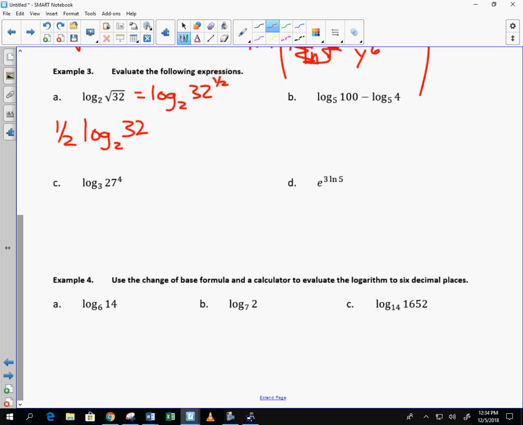So therefore you can see we have 1/2 log base 2 of 2 to the 5th power. What did we learn yesterday? The log base 2 and 2 cancel. So you're just left with 1/2 times 5, which is 5/2.